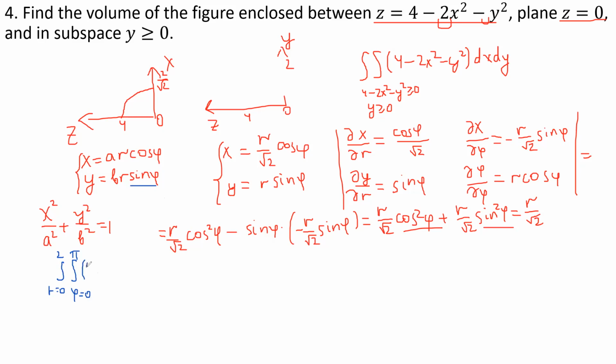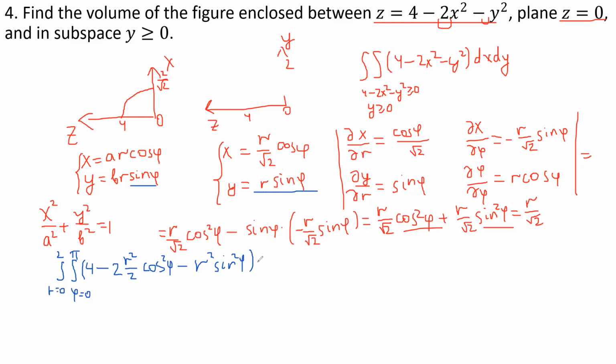And now we substitute our values, so it will be 4 minus, instead of x squared we will write r squared over 2 cosine squared phi, minus, instead of y squared we will write our substitution, r squared sine squared phi.